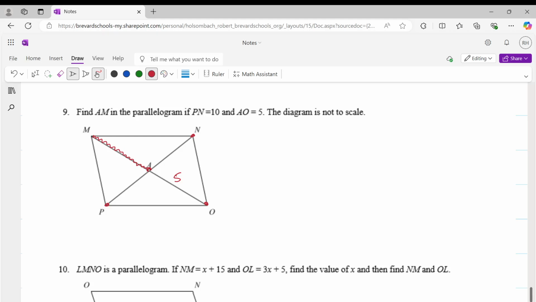So if A is the midpoint of both diagonals, then MA is congruent to AO. And PA is congruent to AN. So we need A to M. A to M is equal to 5. Diagonals of a parallelogram bisect each other.